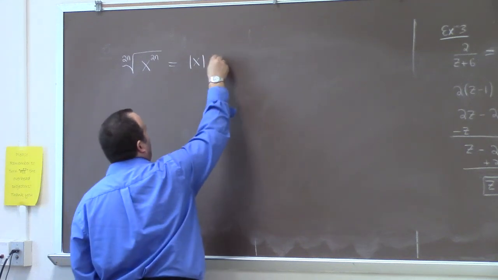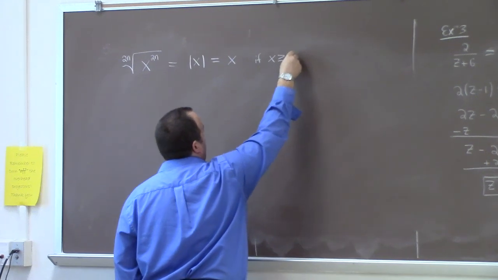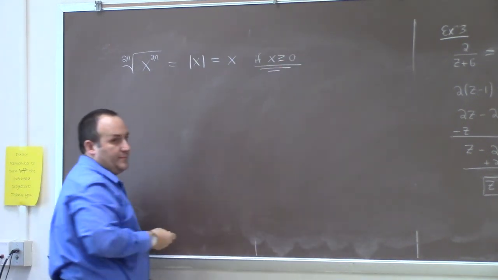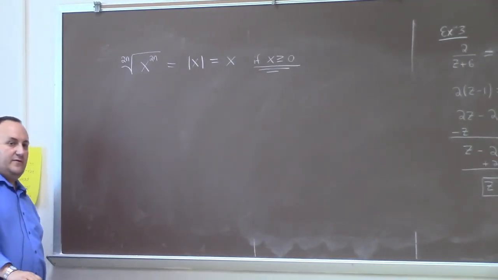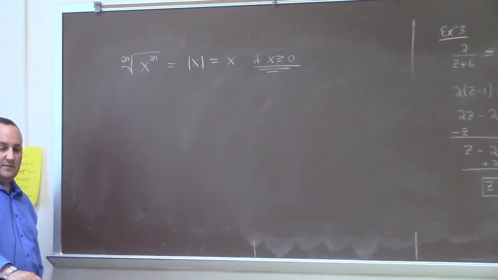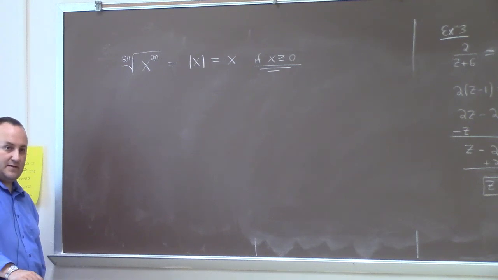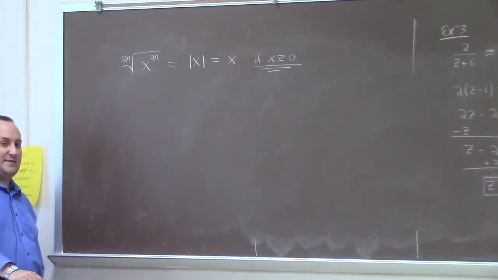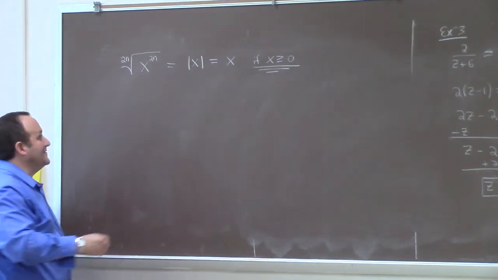And that is equal to x if x is greater than or equal to 0, right? Now, if you look through the problems that I've given you on this sheet, in every one, I have added a little disclaimer: assume the variables are non-negative, assume the variables are positive. That is in the interest of us not having to worry about absolute value, all right? And your textbook does the same, so it's not just me making it easier.